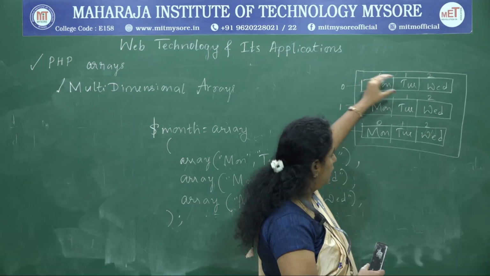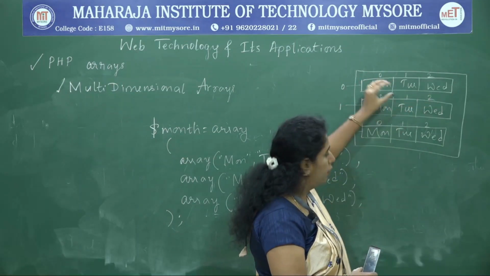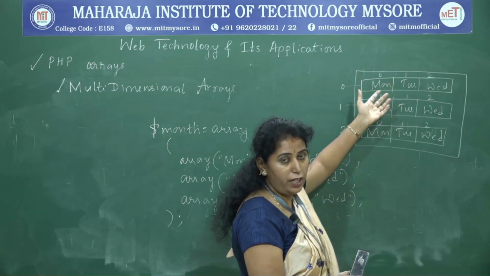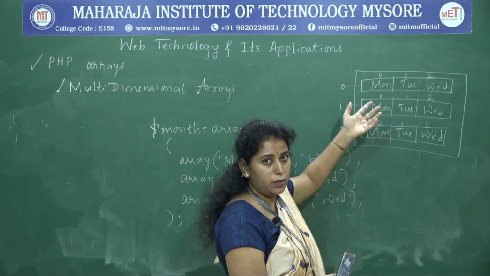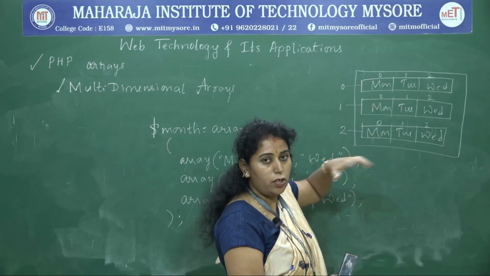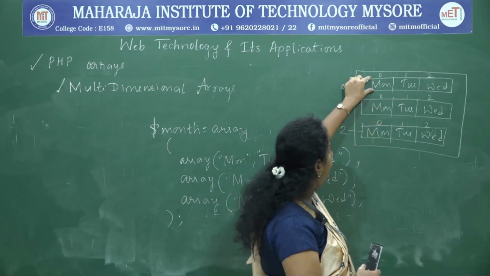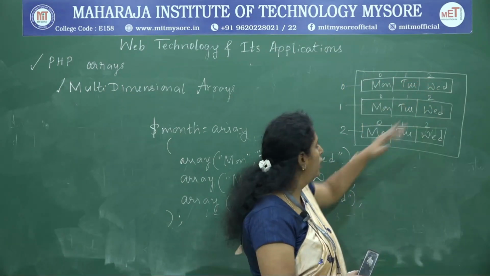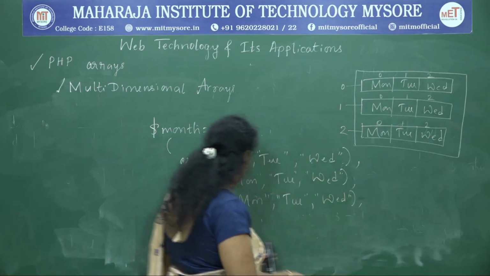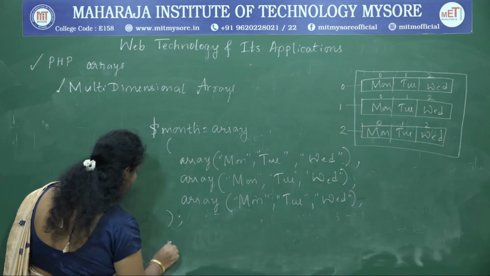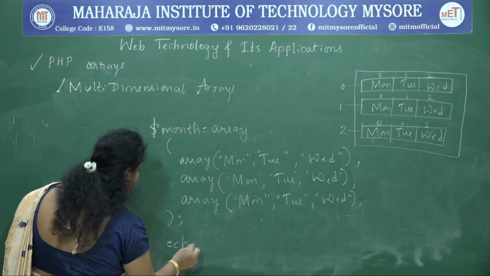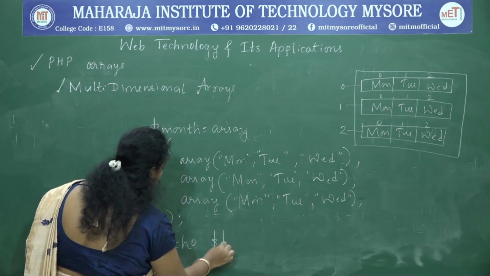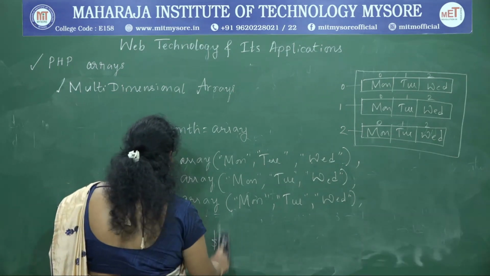Even though this is the same, it can still differ in different examples. So, in order to make it clear, I have represented the keys for each value of an array. For example, if I want to access one element of a multi-dimensional array, I will call it in this fashion.